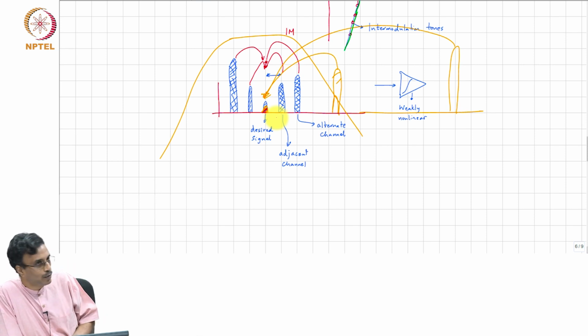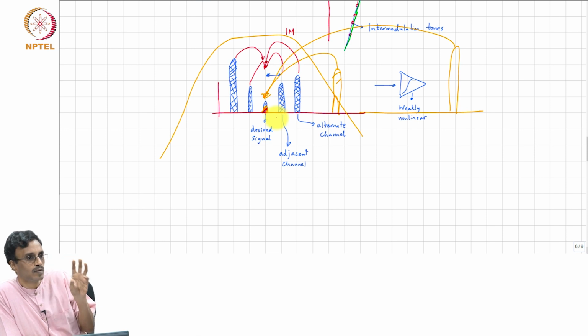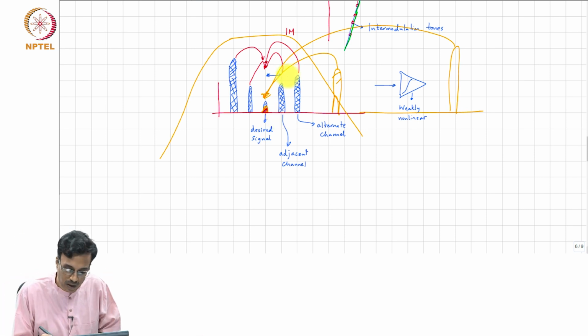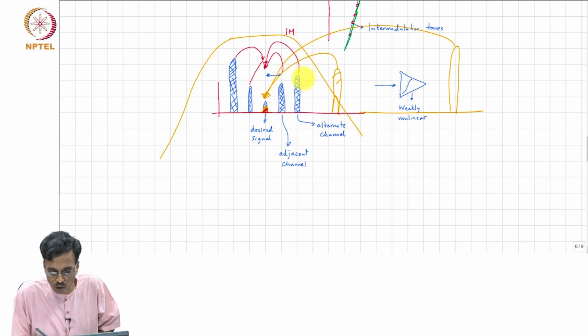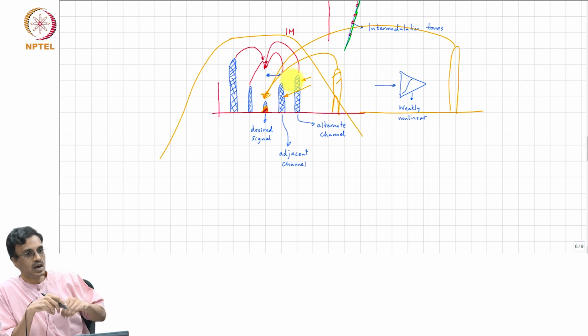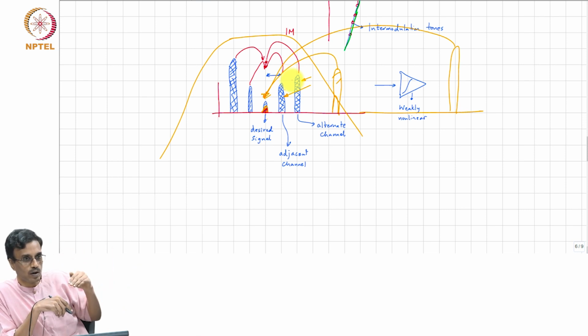Remember, the intermodulation distortion is proportional to the strength of the interfering tones, which can be very large compared to your desired tone.